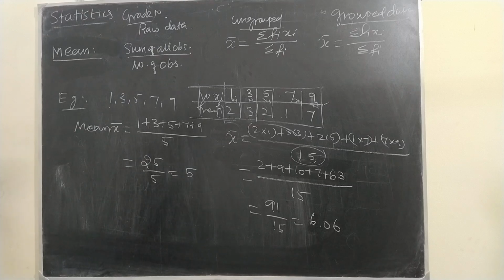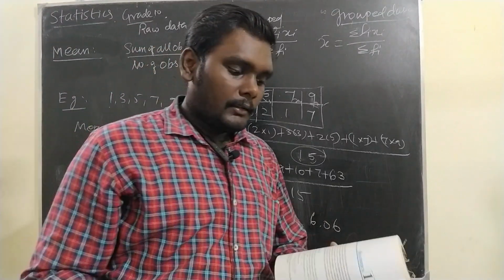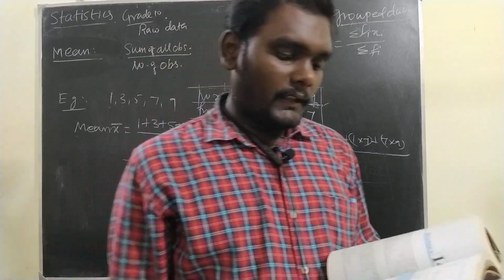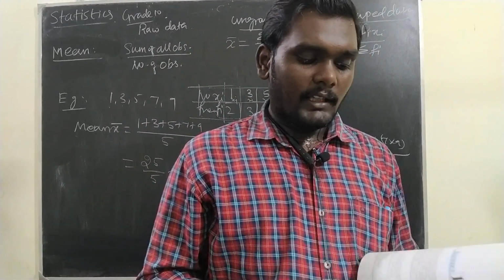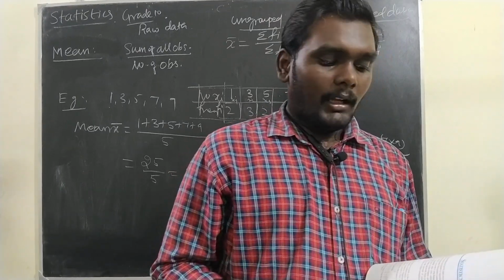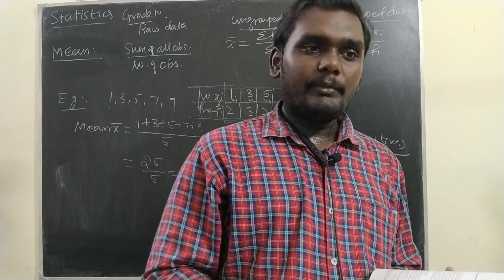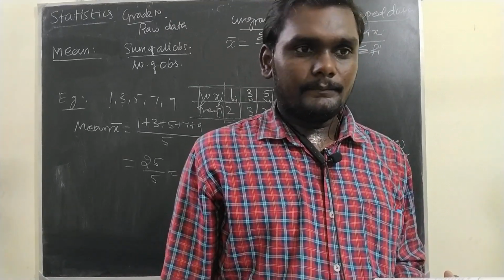See, take your book. In your book, see example 1. The marks obtained by 30 students of class 10 of a certain school in a mathematics paper consisting of 100 marks are presented in a table. Find the mean marks obtained by the students. Here, is any type of data given? Question itself they didn't give anything.